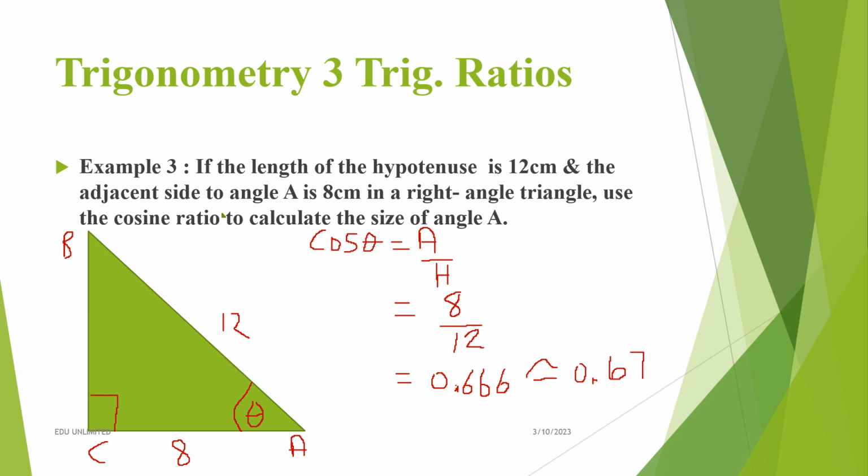So we want to find the value of this angle. So we want to find cosine inverse 0.67, also called arc cosine. So we plug into our calculator cosine inverse 0.67, which gives us a value of 47.93 degrees.